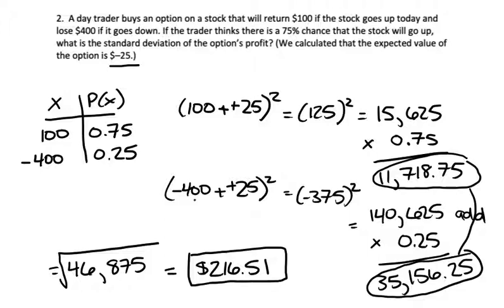But even if it was a positive 25, a standard deviation of $216 would tell me that if I think about taking mean minus standard deviation, if that value is negative, then I still might not want to do the option, because that tells me that there's a lot of variation and there's going to be a pretty good chance that I'm going to end up losing money, which obviously is what I do not want to do. I don't want to have negative dollars. So a pretty high standard deviation, again, tells me that there's a lot of variability, and that tells me that I might not want to do this option.